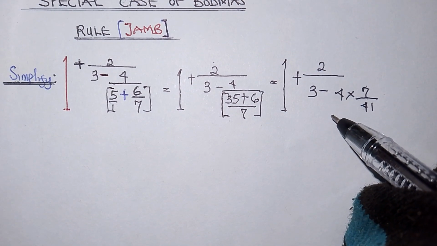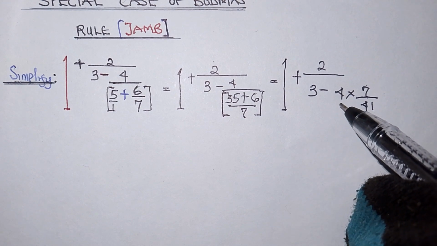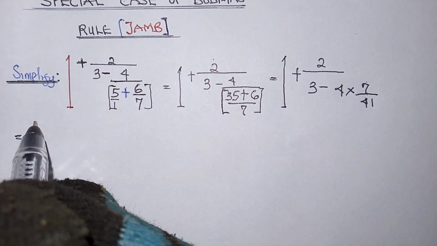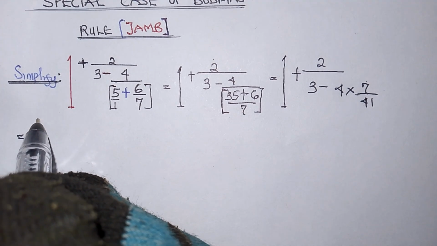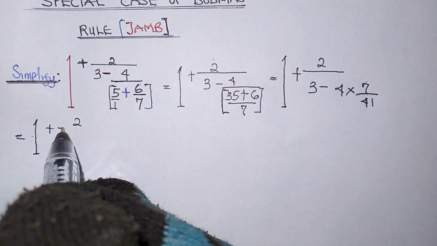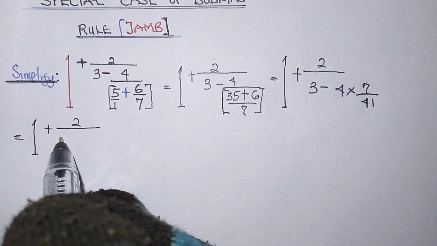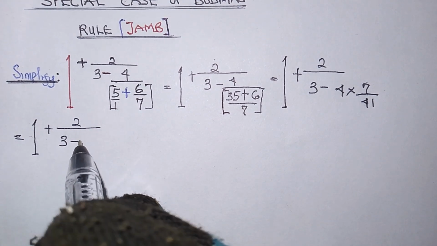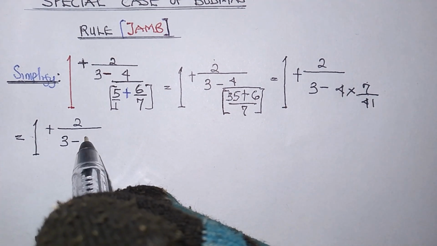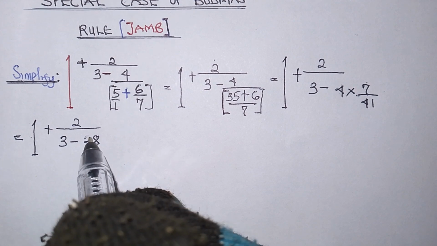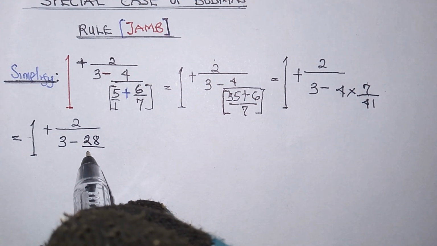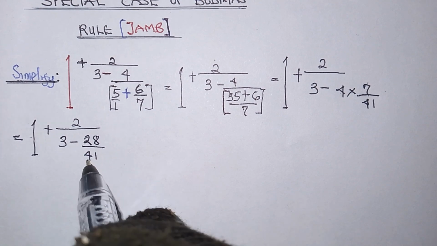So we now need to continue. If we continue by simplifying, we are going to obtain 1 added to 2 divided by 3 minus 4 times 7, that becomes 28 all over 41.